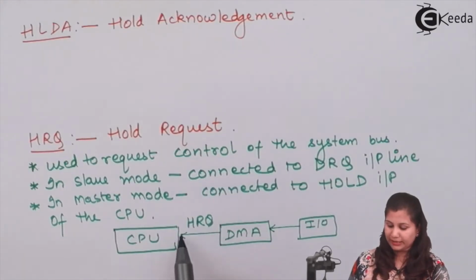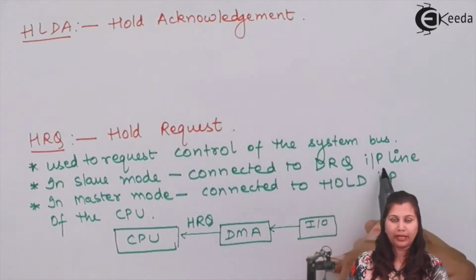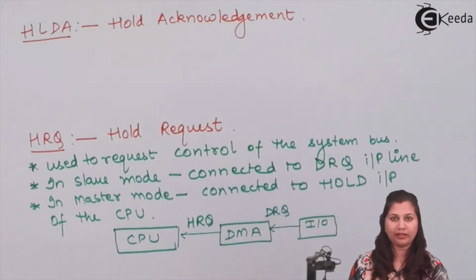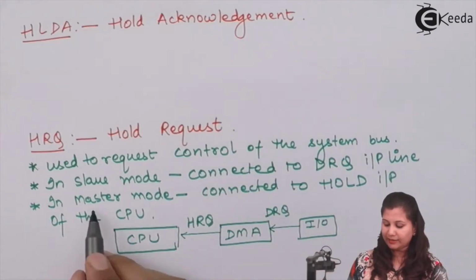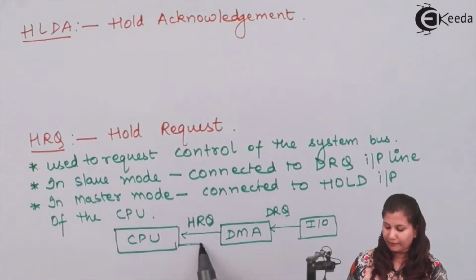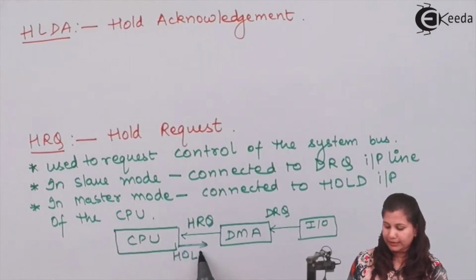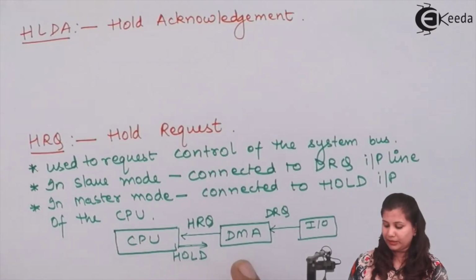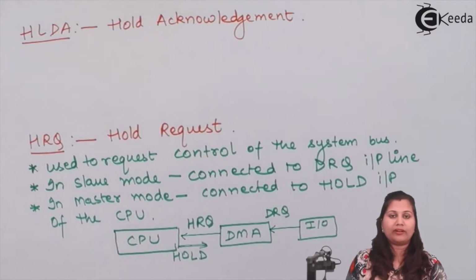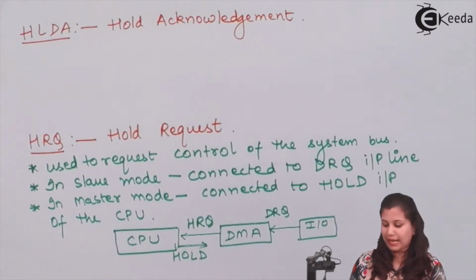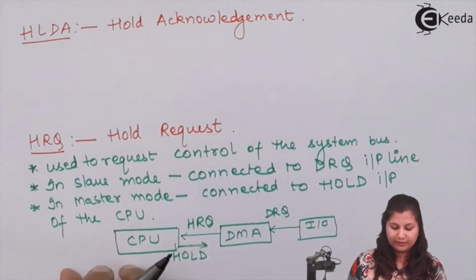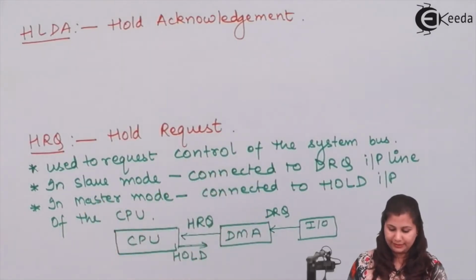This will be connected to the DRQ input line of the DMA, and in master mode it is connected to the hold input, the hold signal of the CPU, saying relinquish the control of your buses, and now the buses will be controlled by the DMA controller. So this is the hold request signal.